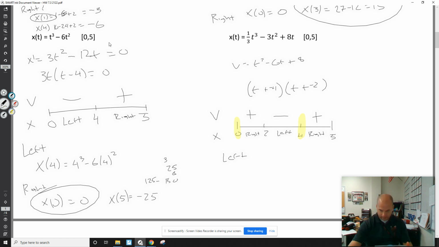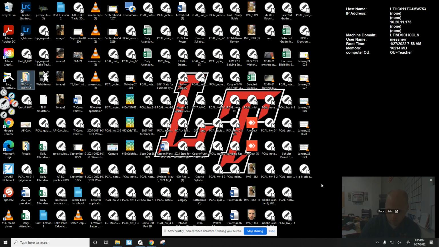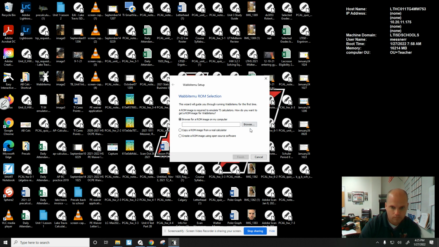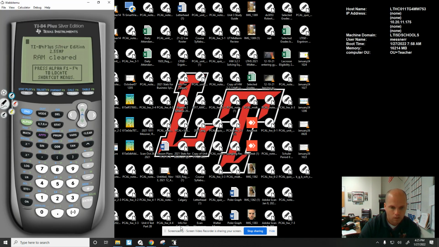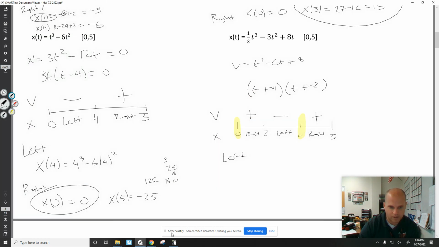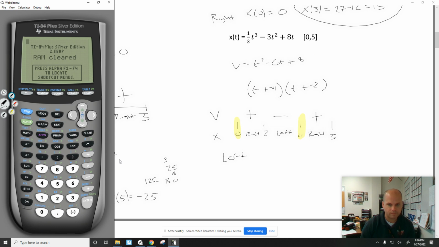Now, I'm going to get my calculator out for this because it's annoying. Because I don't want to have to do this math. X of 0, fine. X of 0, that's my candidate. X of 4, I don't want to do that. X of 0 is 0, X of 4, whatever this is.